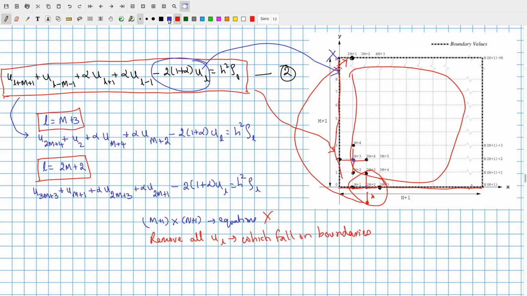Finally, how many equations you will get: for example, this is one boundary, this is one boundary, so what will be left over, as you said, is m plus 1; now you minus this one and this one, it becomes m minus 1 here, and similarly here it is going to be n minus 1. So we are not going to get this equation. The number of equations will be m minus 1 into n minus 1.